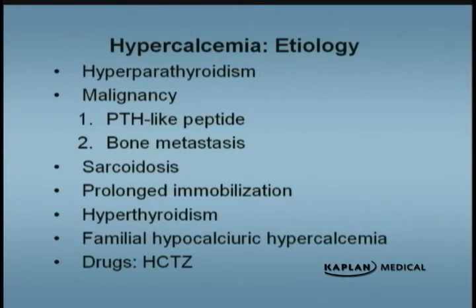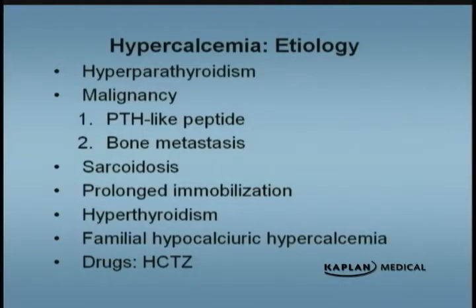Now, if you remember the name familial hypocalciuric hypercalcemia, you know everything you need to know about the syndrome. So the first thing is it's familial, so it runs in families, so people in the same family have this disease. They have hypercalcemia. Hypocalciuric, this tells you the essence of the cause of the hypercalcemia.